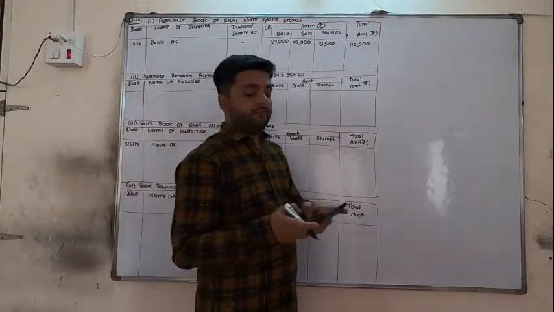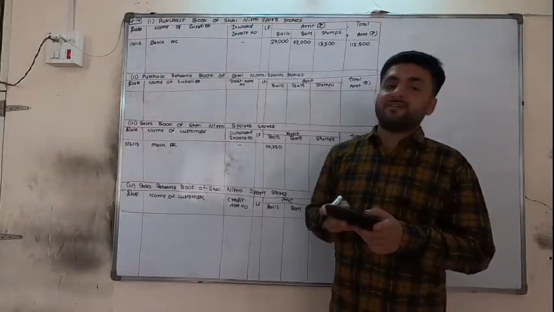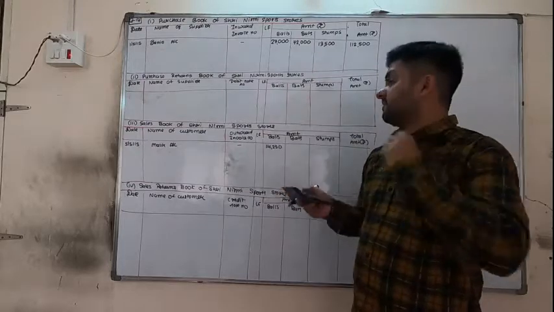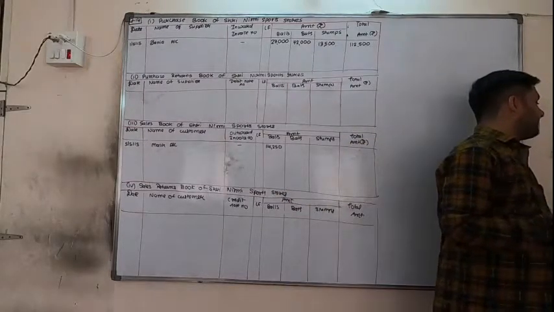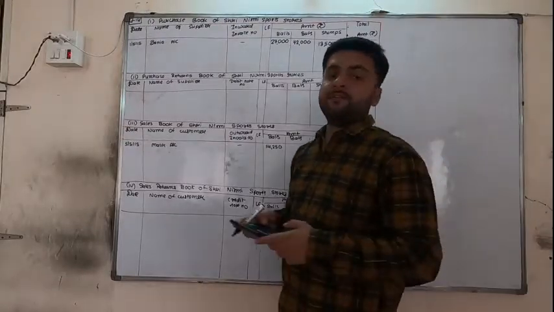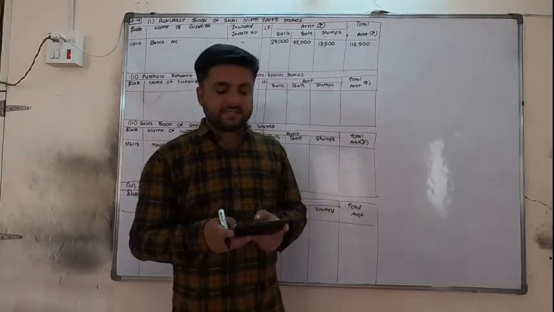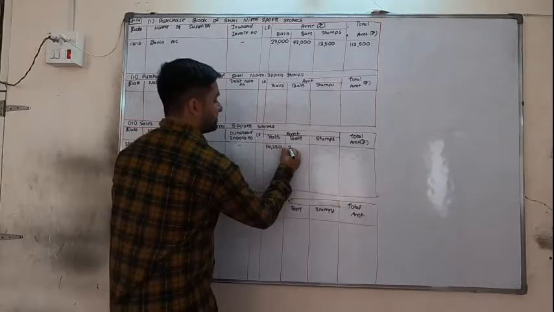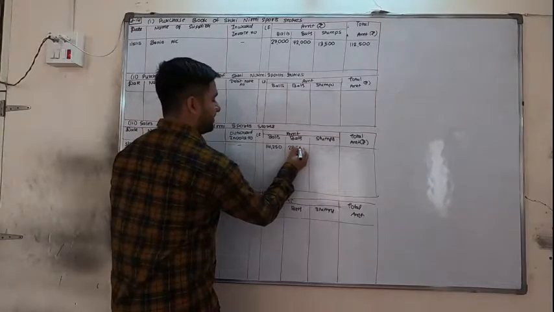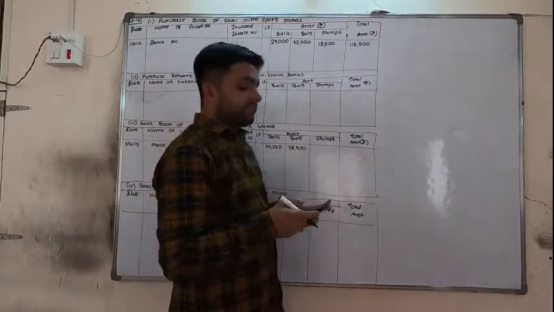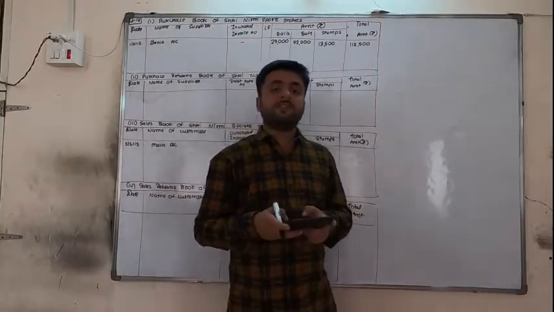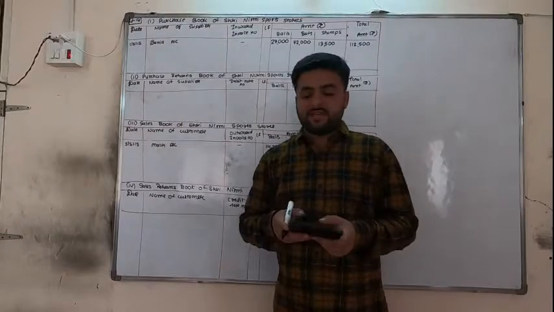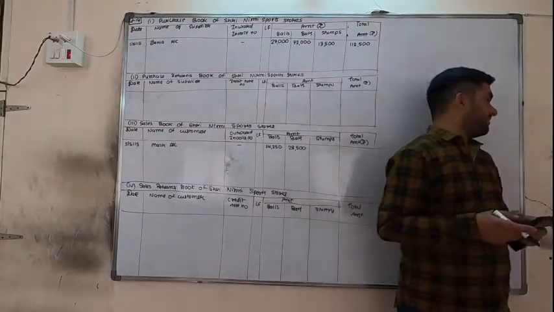Next, 30 bats at 1,000 per piece, so 30 into 1,000 is 30,000 minus 5%, so bats will be 28,500.